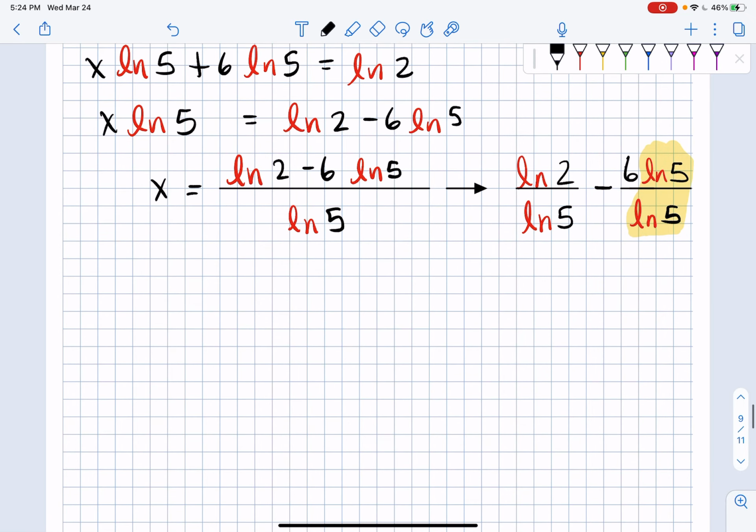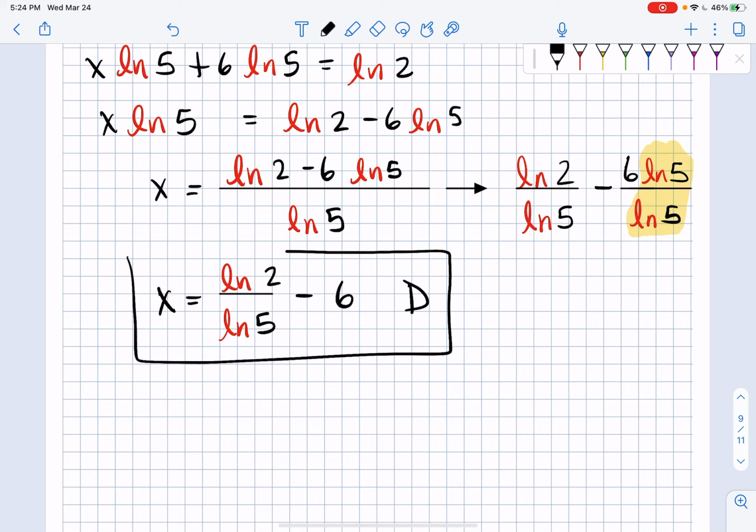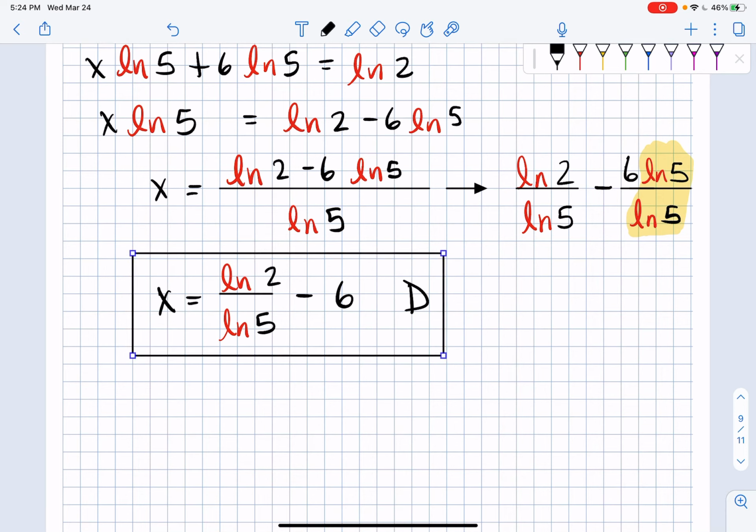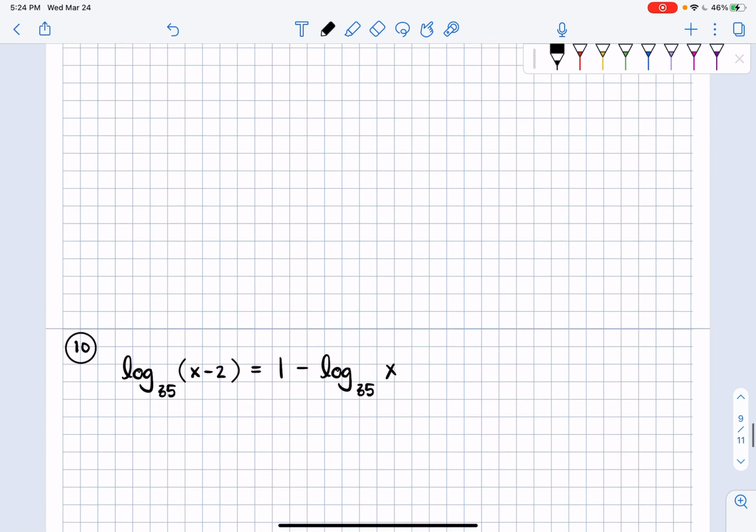So what I really have here is that x is going to equal ln of 2 over the ln of 5 minus just a 6. That choice, however, is there, which is choice D. Excellent. Oh, look at that.